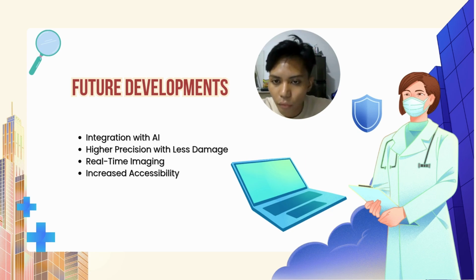The third one is real time imaging, which could allow us to watch processes at the nanoscale as they happen, such as chemical reactions or structural changes, something not yet fully possible today. And the last one is increased accessibility. Efforts are being made to reduce the size and cost of electron microscopes, which could bring this powerful technology into more schools, hospitals, and research labs around the world.